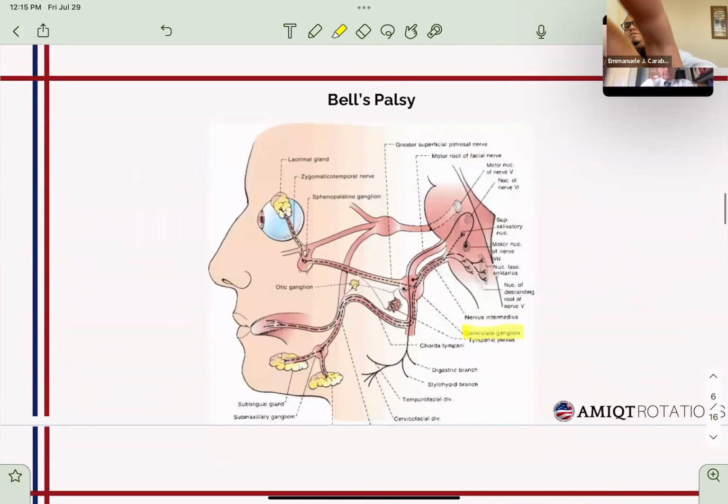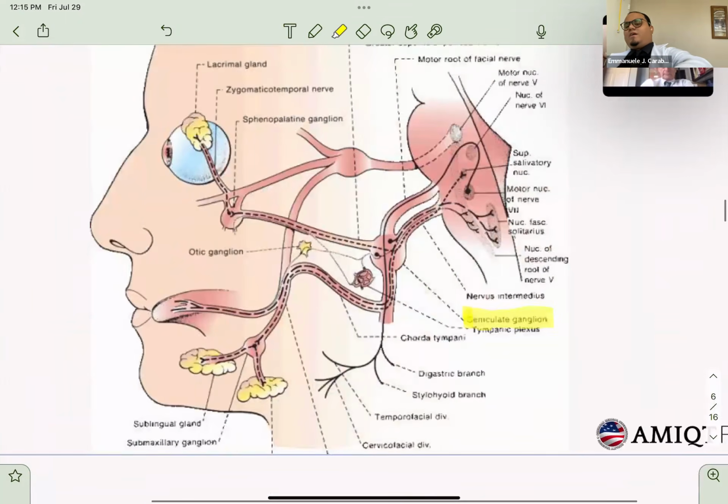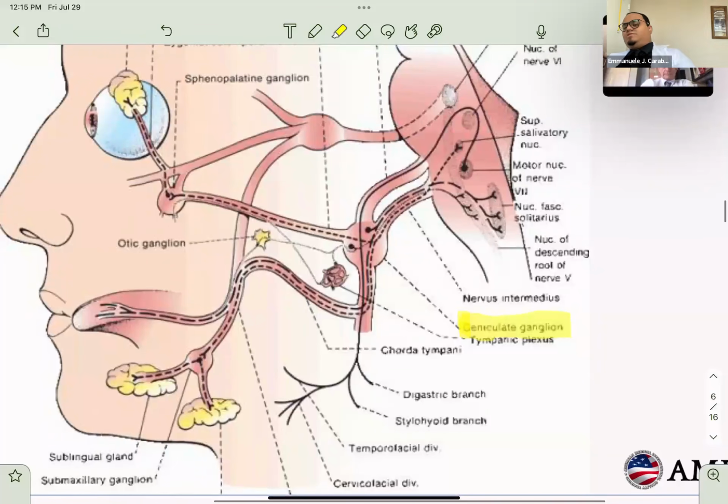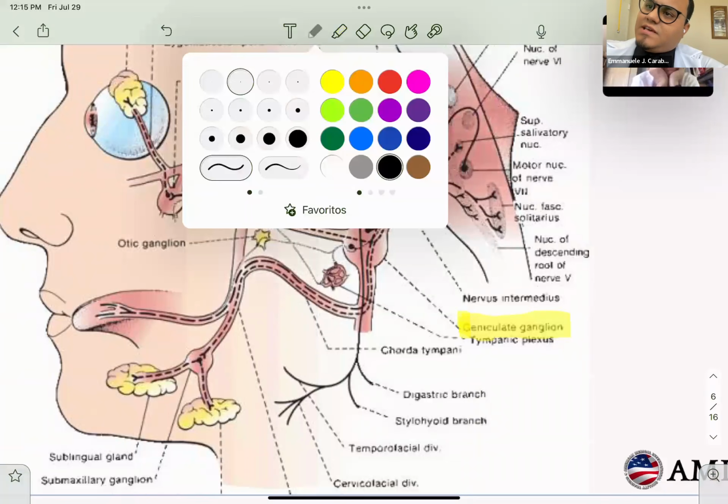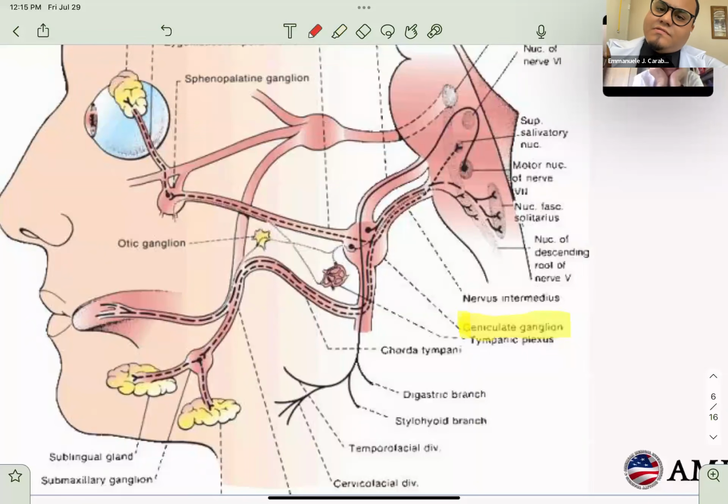Now here, I'm showing you what I already told you about the geniculate ganglia. So what happens? The patient has an infection, usually located in this area, okay? The virus gets activated during the infection. Some inflammation occurs, and the inflammation tends to control the infection.